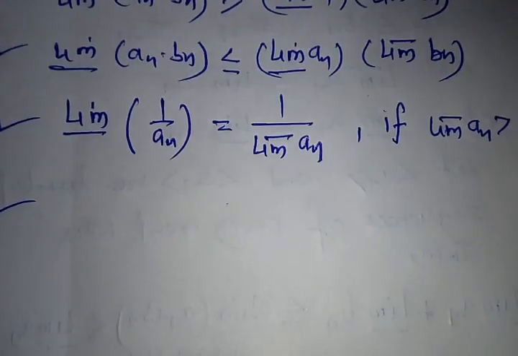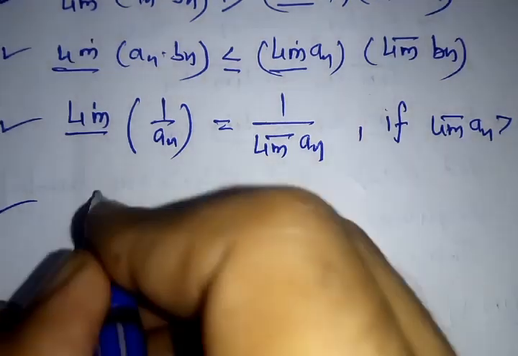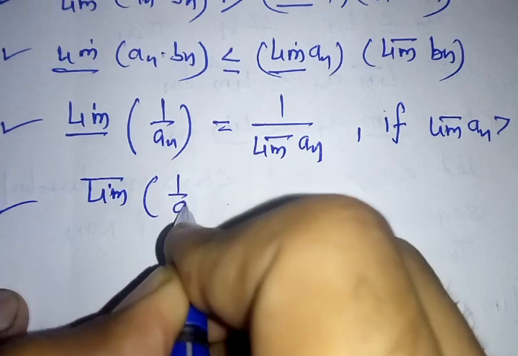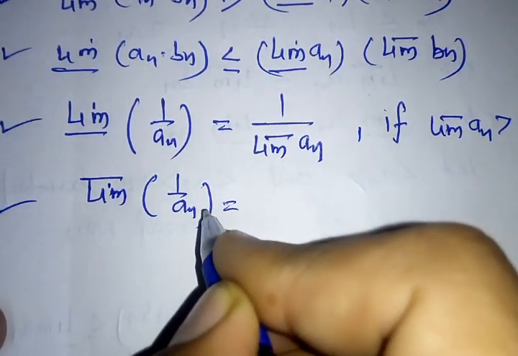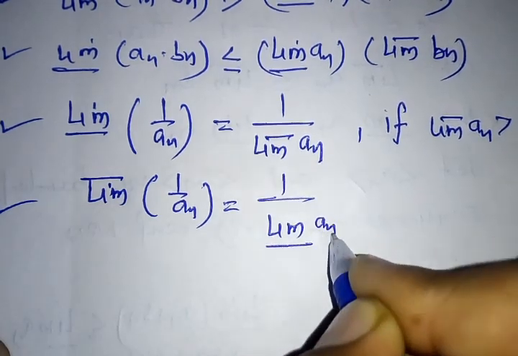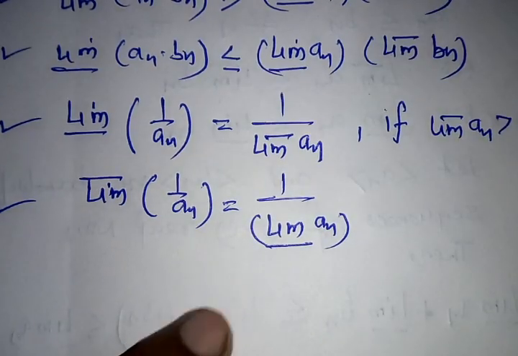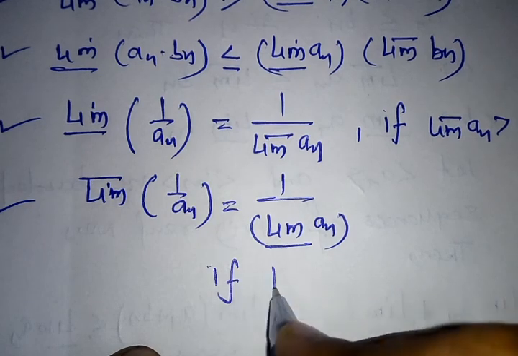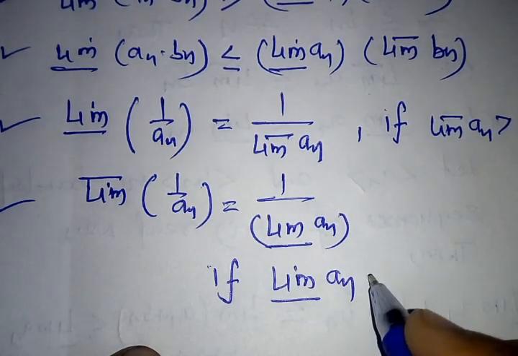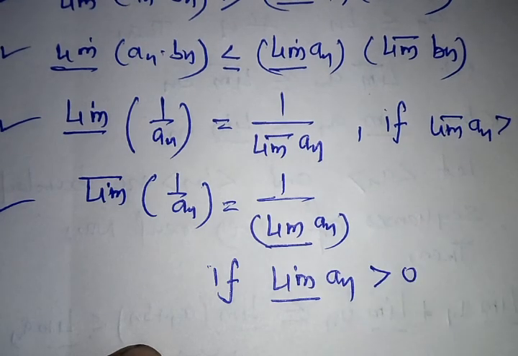Next, limit superior of 1 upon an is equal to 1 upon limit inferior of an, if limit inferior of an is greater than 0.